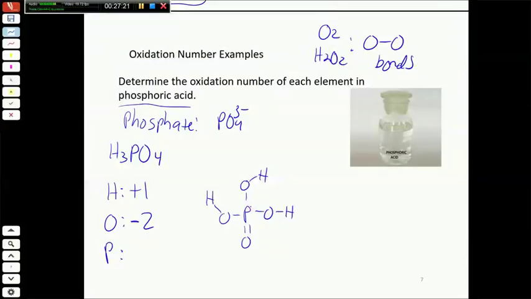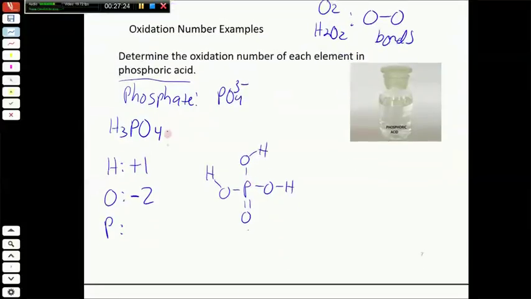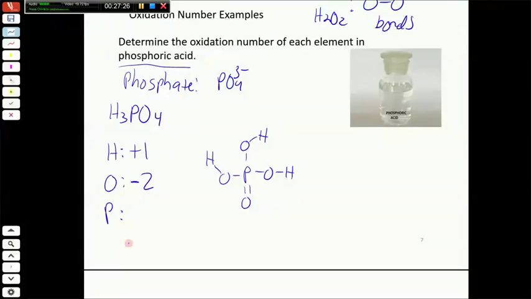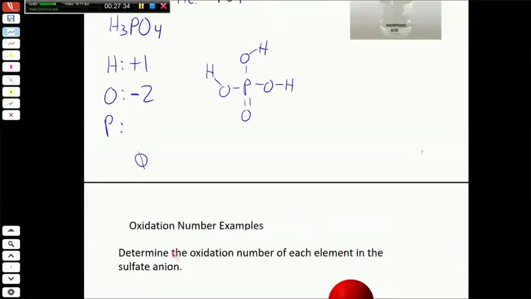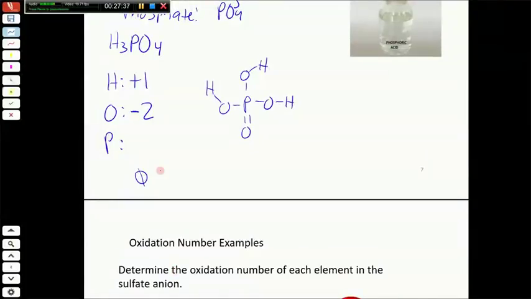To find that, we want to realize that the sum of the oxidation numbers equals the charge. The sum of the oxidation numbers has to equal 0 because it's a neutral compound, phosphoric acid. And we want to find the oxidation number of phosphorus. We have 3 hydrogens, each one +1.